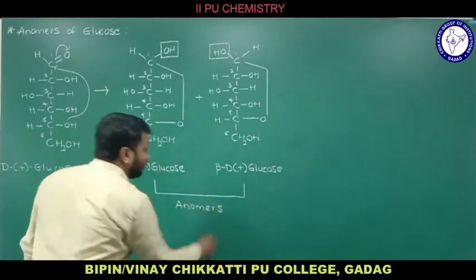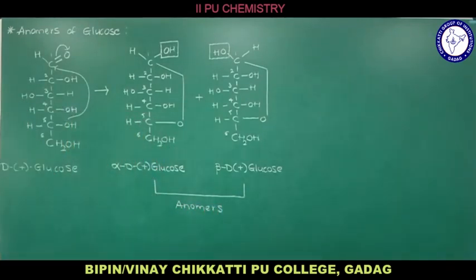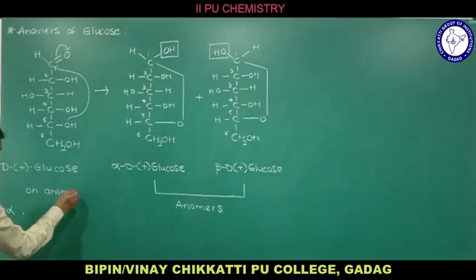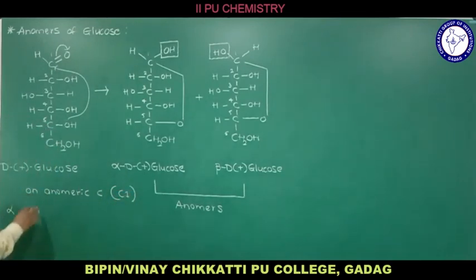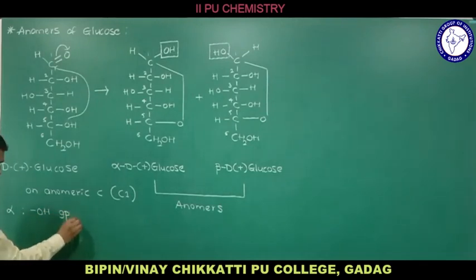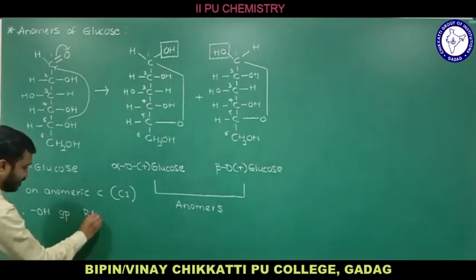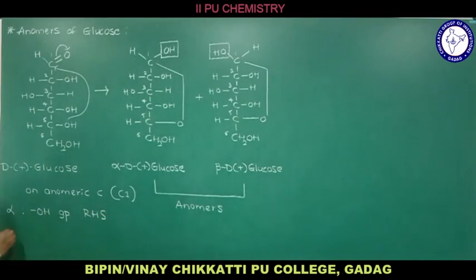These two are anomers here. So now for your reference, I will write what actually the meaning of alpha is. That is nothing but you need to consider on the anomeric carbon. In glucose, carbon number 1 is the anomeric carbon. On the anomeric carbon, if the OH group is on the right hand side, that we call alpha.